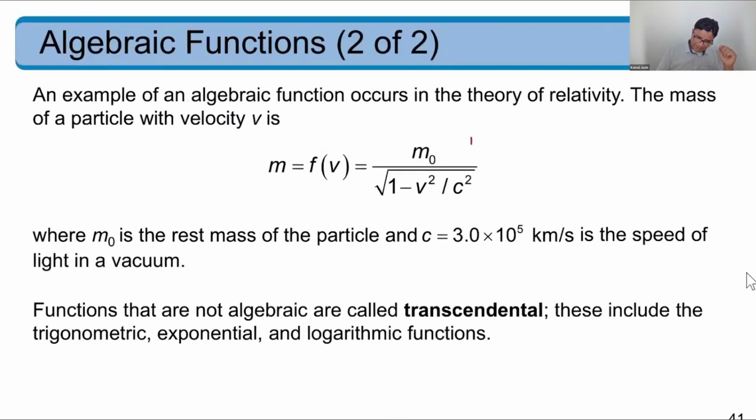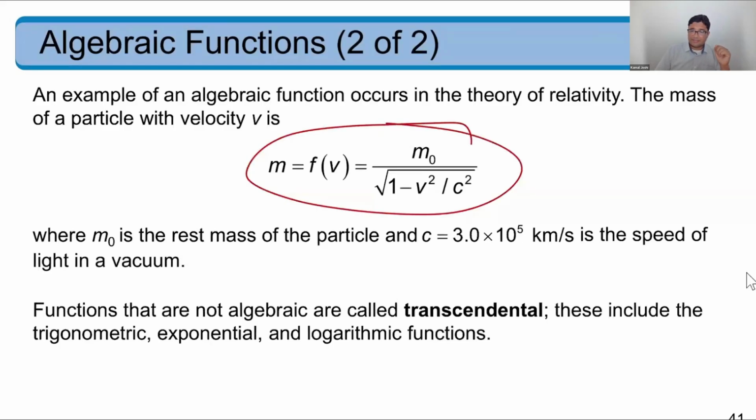Here is a famous example of an algebraic function, which is the equation given by the theory of relativity. The mass of a particle is given in terms of the speed of the particle like this. And it's an algebraic function. The question then becomes, are there functions which are not algebraic? And the answer is in the last row here.